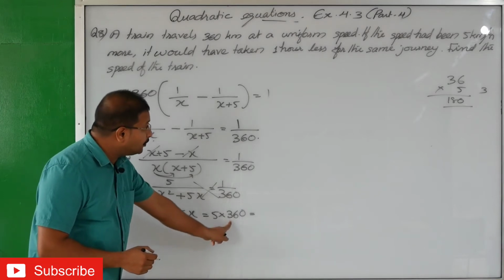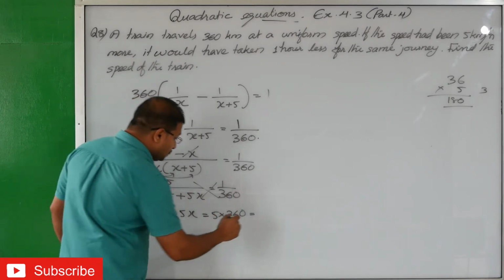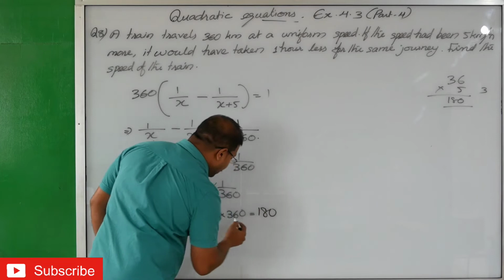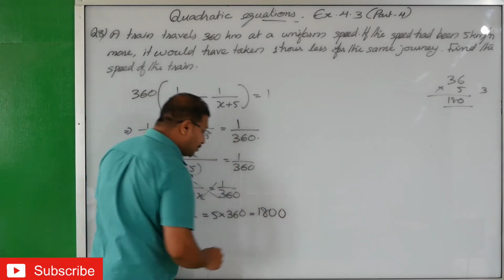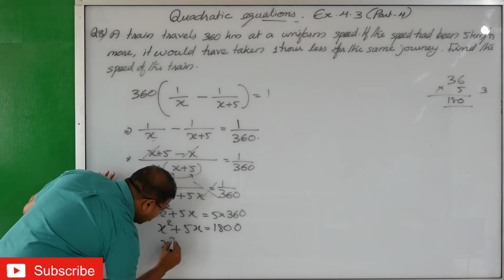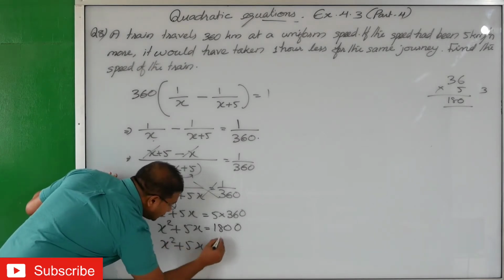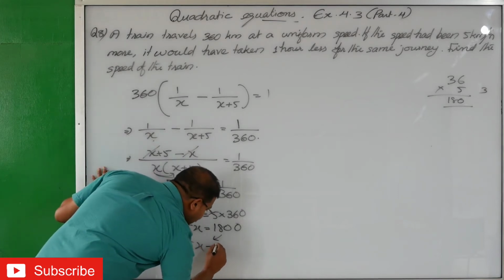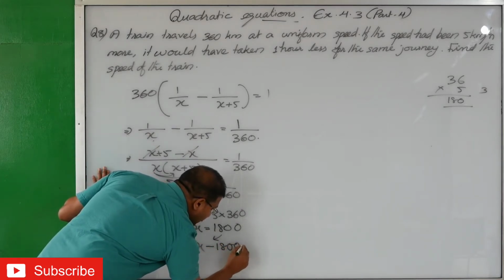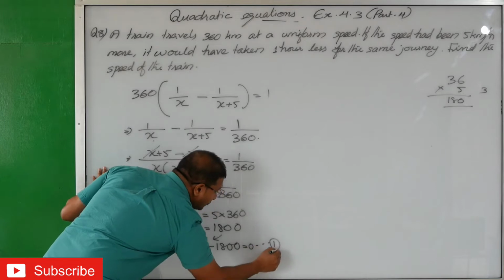That means 5 into 360 is 1800. So x square plus 5x, this 1800 will carry to the next side. It will be minus 1800 equal to 0. Equation number 1.